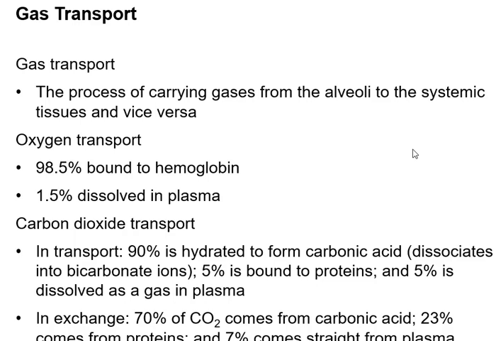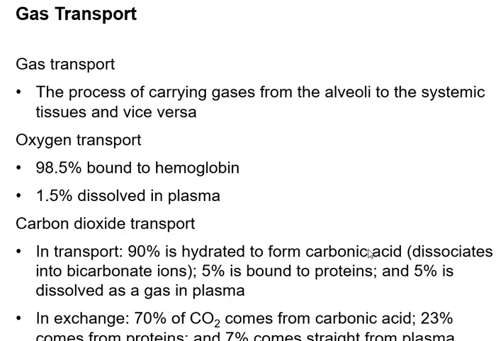I don't care if you memorize the exact numbers that are on this particular slide, but of the oxygen that's going around in your body, almost all of it is bound to the hemoglobin. You have a little bit that's dissolved in the plasma, but most of it's on the hemoglobin, and it's going to jump off the hemoglobin and go across. In the opposite, carbon dioxide is almost all dissolved in the water.